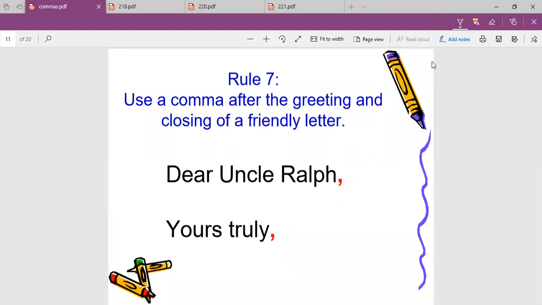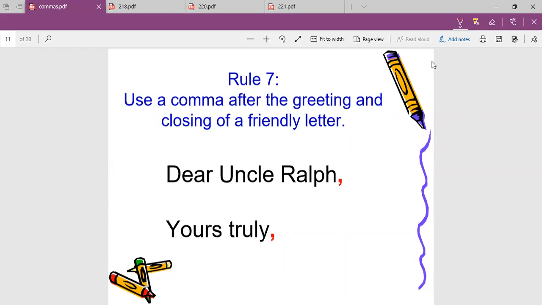Last rule, who is going to read it? Abdul Rahman, can you read it, please? Use a comma after the greeting and closing of a friendly letter.